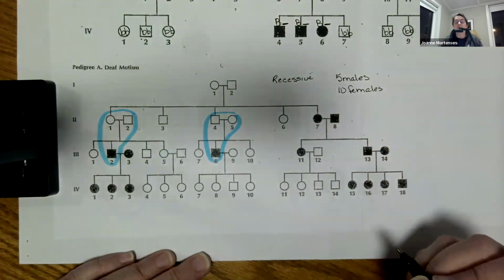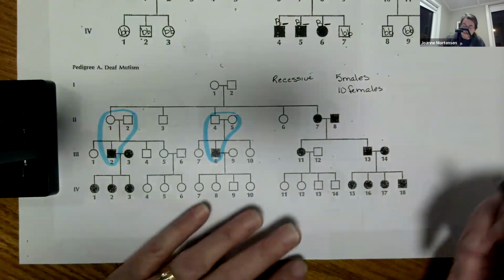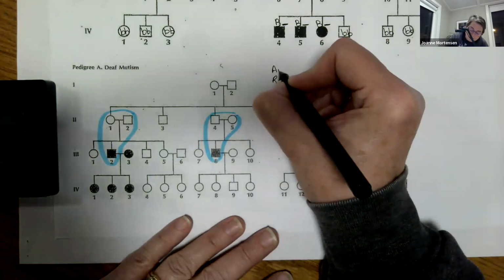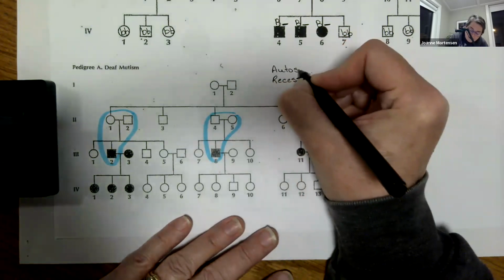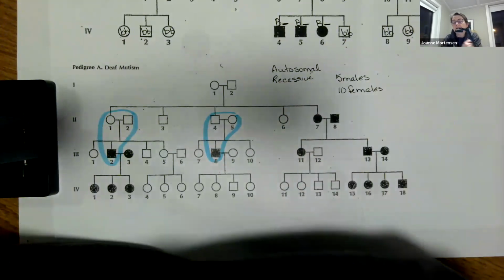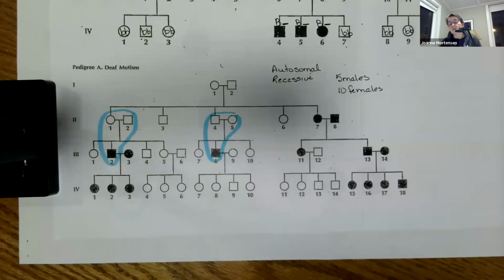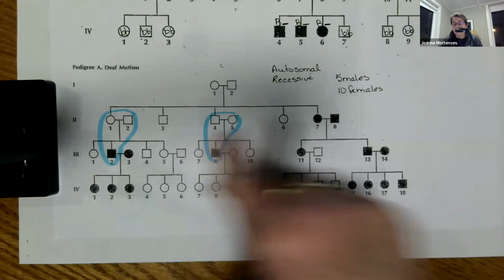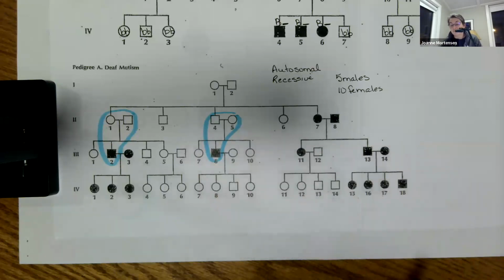Well, with that ratio, I feel very confident in saying this is autosomal recessive. So remember, that just means this trait is found on the first 22 chromosomes. And possibly more importantly, we don't have to put X's and Y's on everything. It's only when it's a sex-linked trait do you need to worry about that.